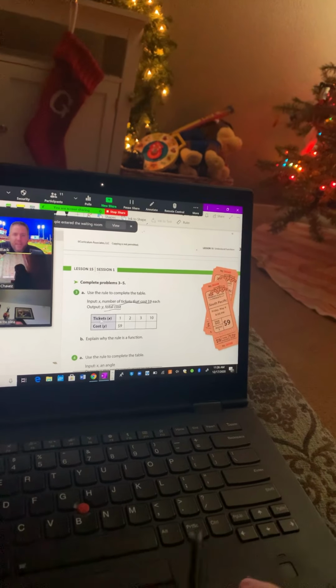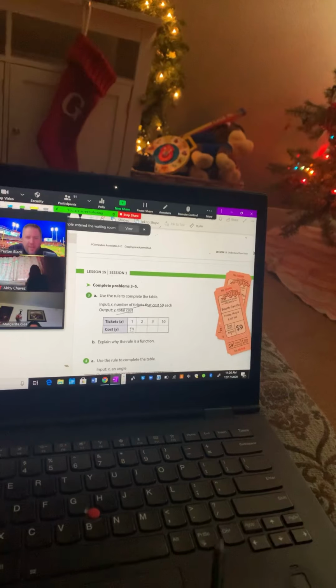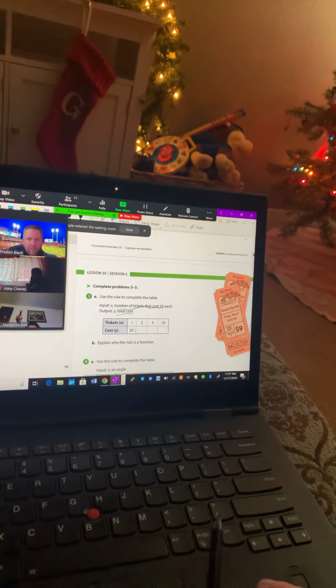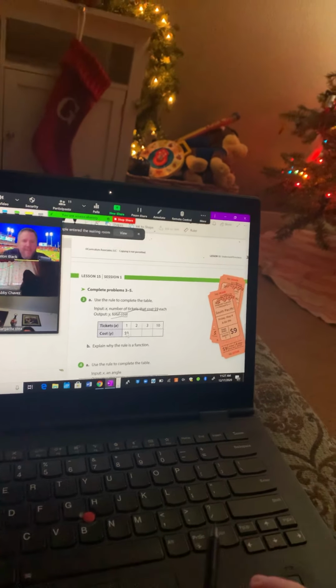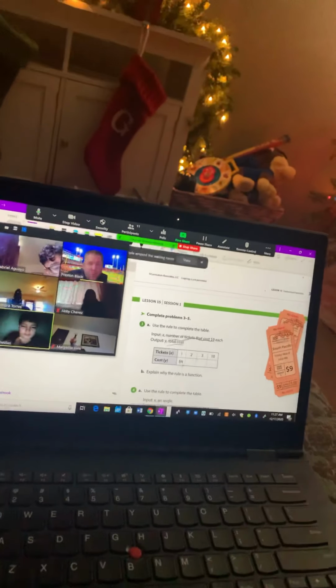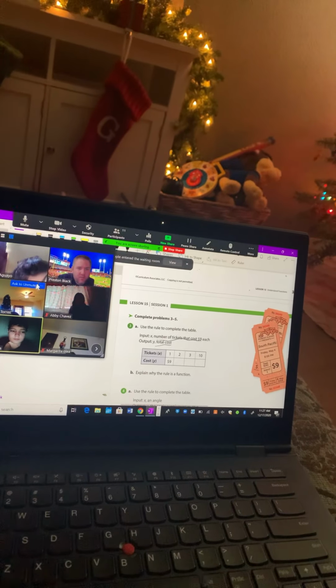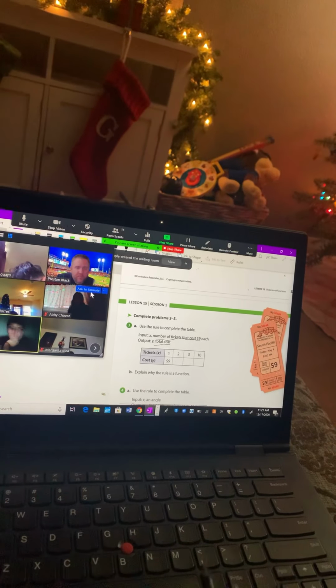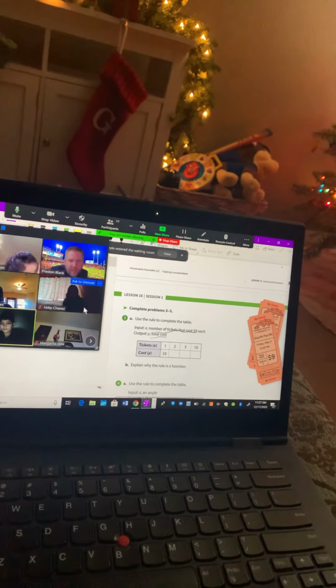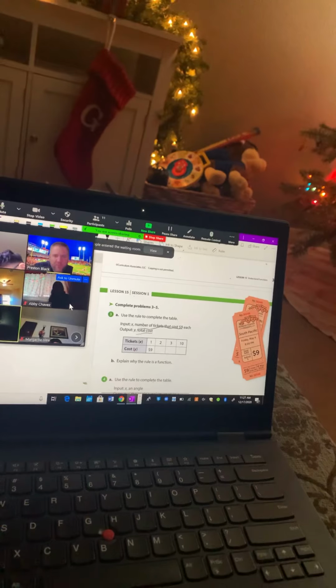What does the input and the output mean here? What are we looking for? We see a 1 and we see $9. What is the correlation between the two? Abby, what is the correlation between the two?